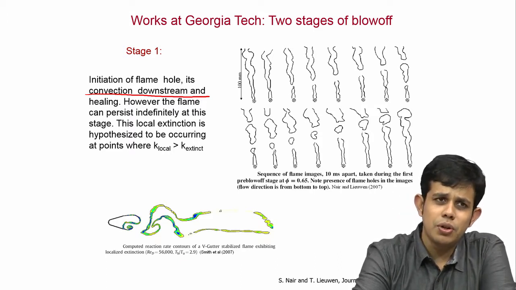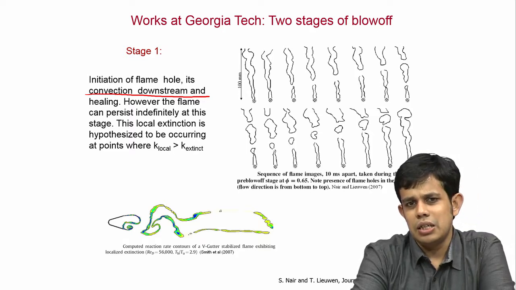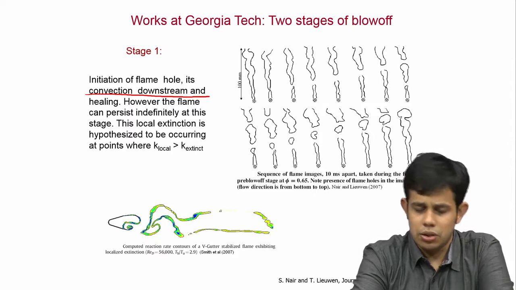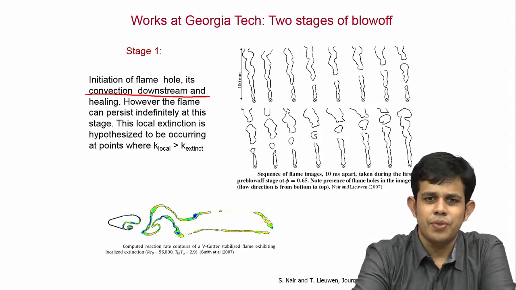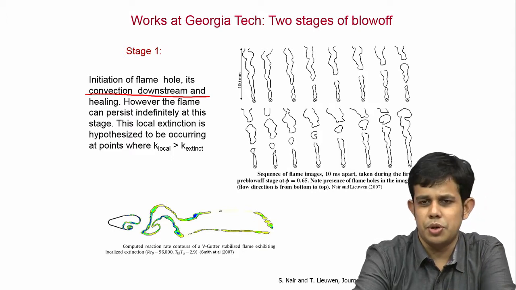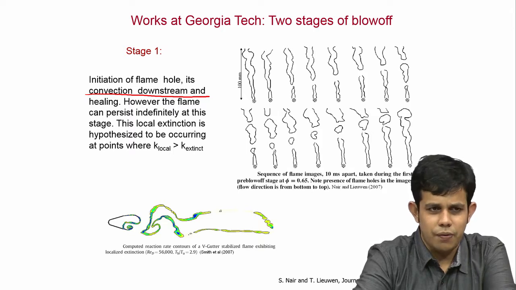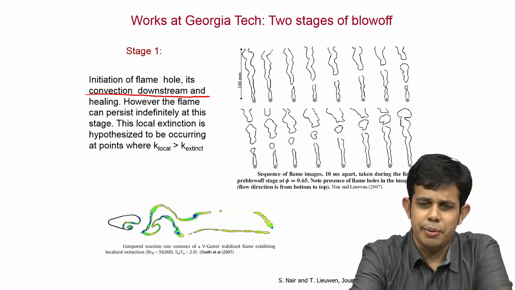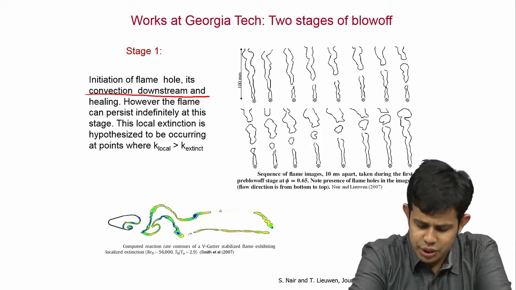They say the flame hole was created because at those points the local stretch rates exceeded the corresponding extinction strain rates. Extinction strain rate is a property that is measured from an opposed premixed flame, and it can be considered roughly as a property of a premixed flame. It's not as rigorous a property as the laminar flame speed, but still it can be considered as a measure for ignition or extinction.